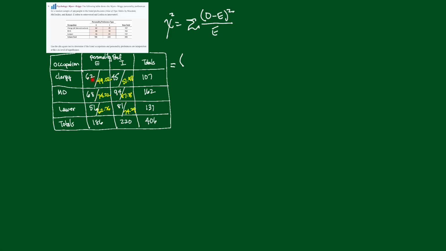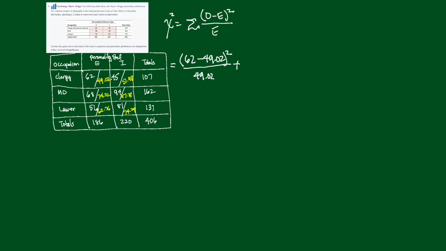So O is 62, minus the E, which is 49.02, squared, divided by the E, the 49.02, plus. Okay, so I've got the first one. Now it says to add. So go to the second one.